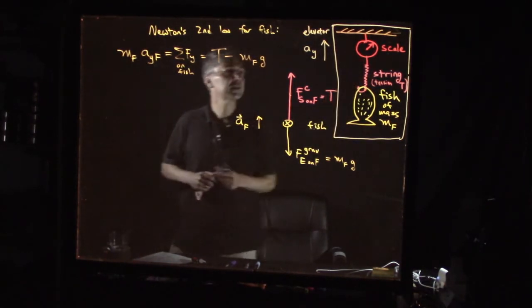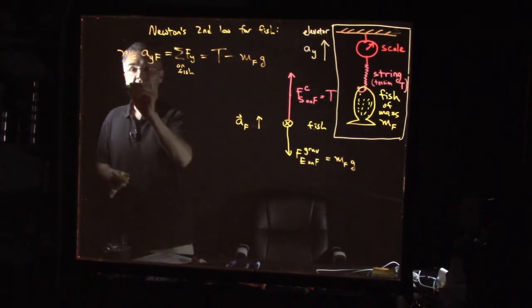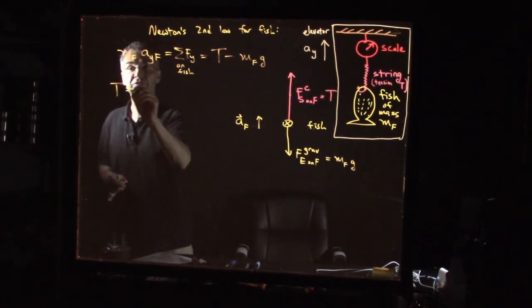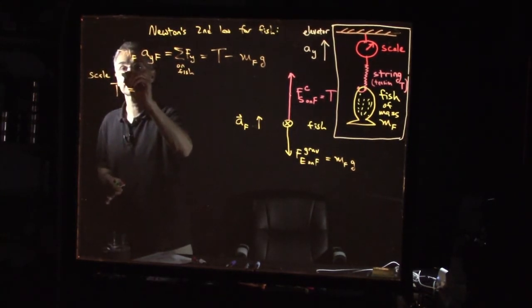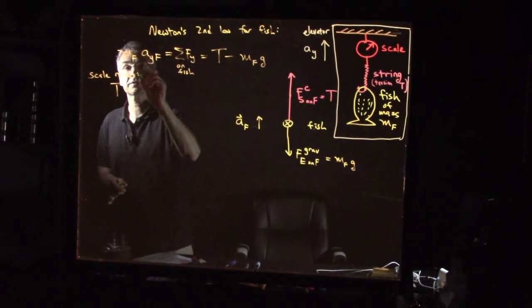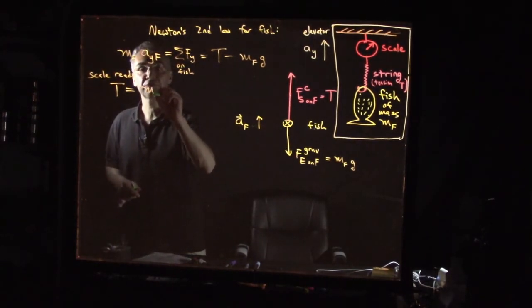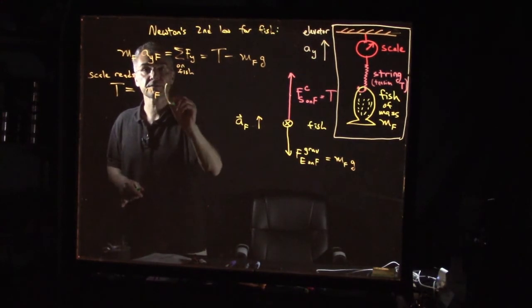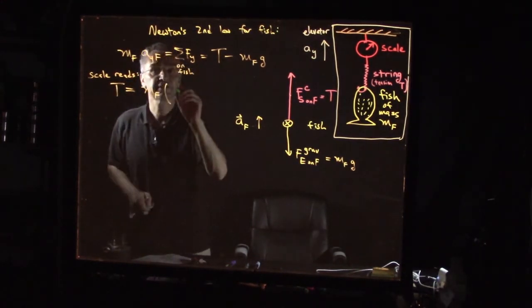So that's the force on the scale. So this tension, which is what the scale reads, equals the mass of the fish times a sub y plus g.